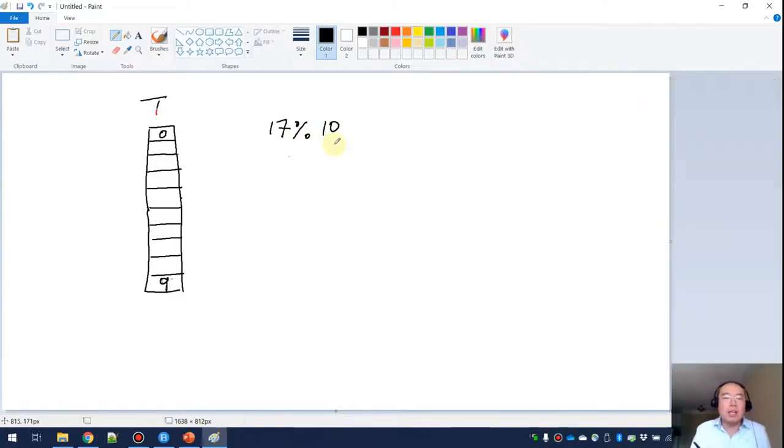Because 10 is the number of the slots available in this hash table, and then we get a 7. This means the 17 should go here. And then if we have a 56, we mod 10 again, so we get a 6. So this means 56 should be here.